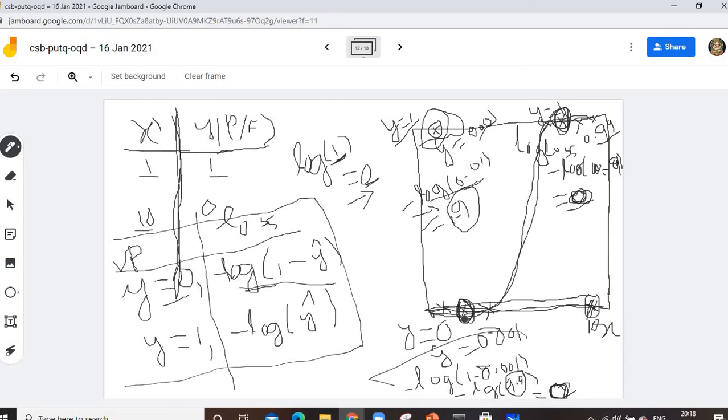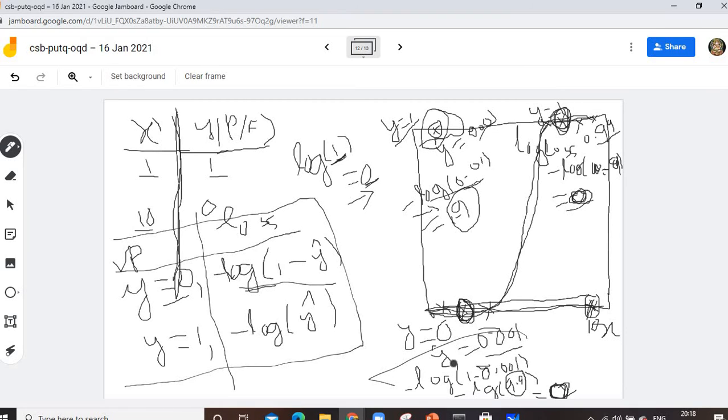See, when my y is equal to 0, and my predicted value is, for example, 0.001, approximately 0.001, what will be my loss function?